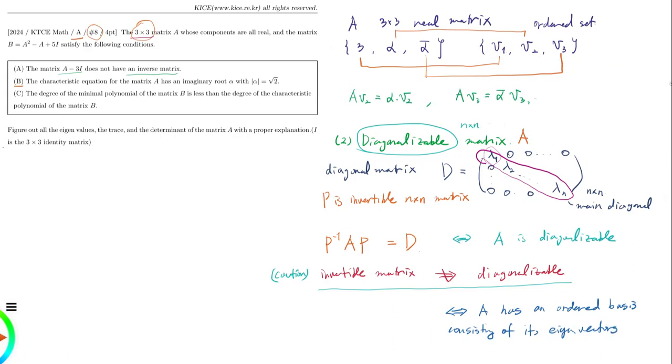So for instance, like the case of the matrix A in our problem here, it has three non-zero eigenvectors, and their corresponding eigenvalues are all distinct.